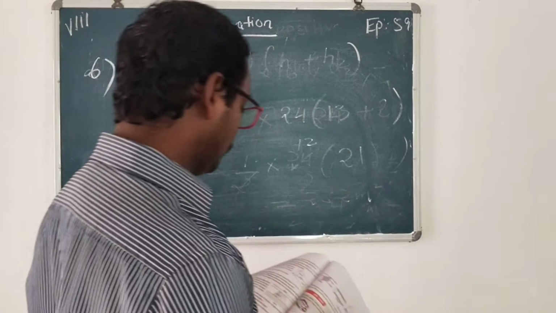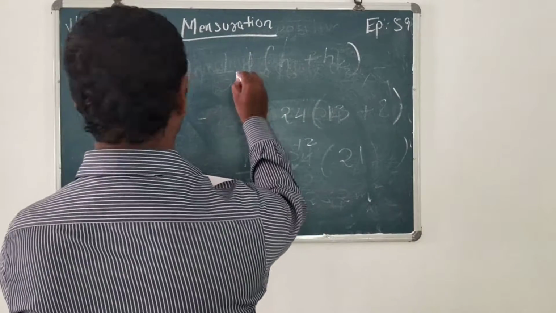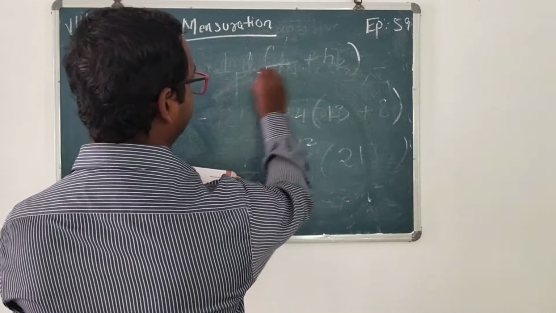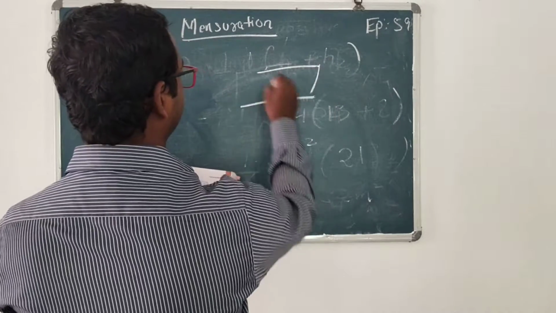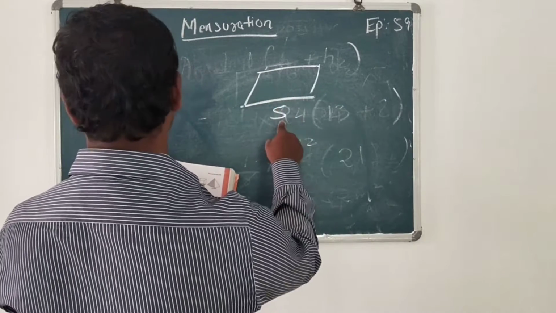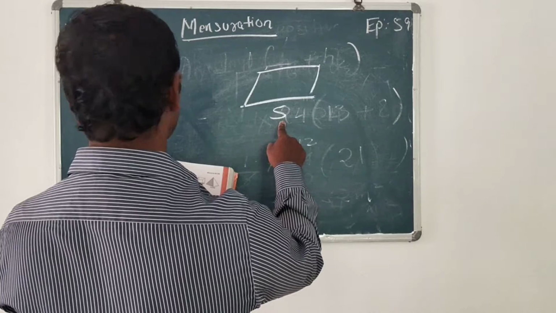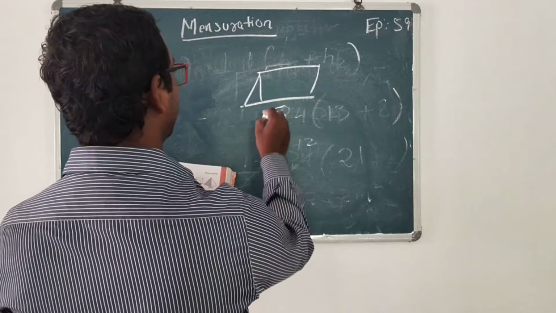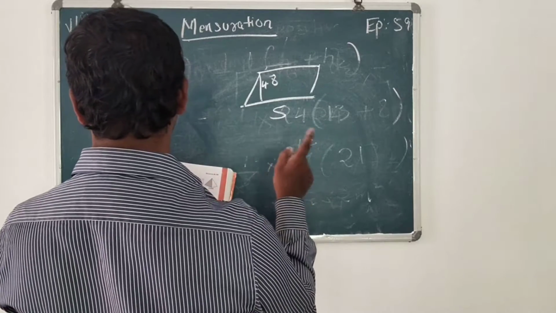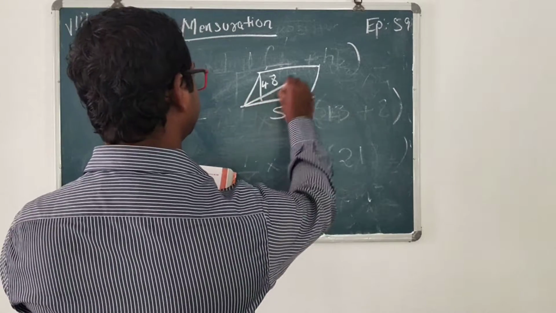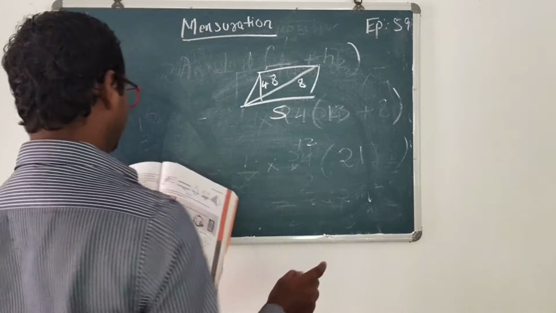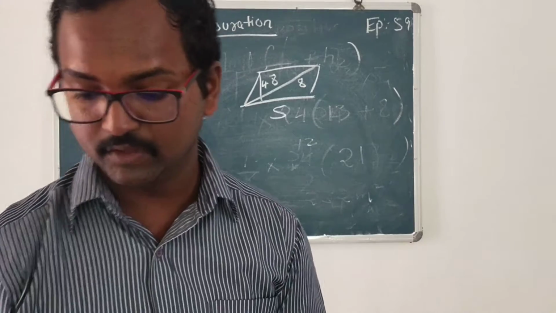So find the area of a rhombus whose side is this 5 cm and whose altitude is 4.8, and if one of its diagonals is 8 cm, which means this is 8. Find the length of the other diagonal.